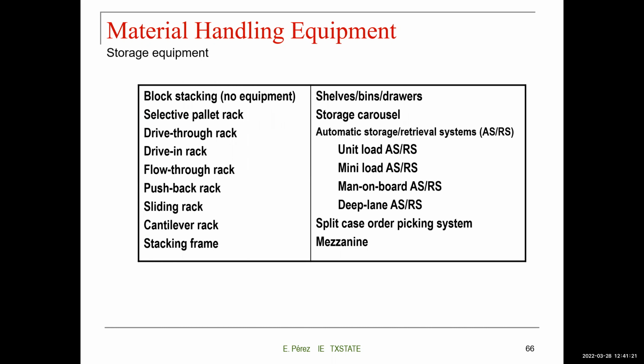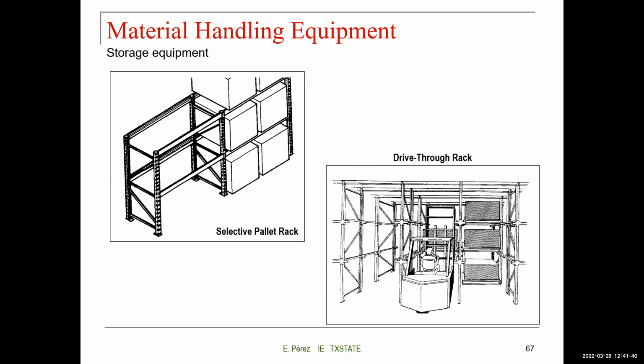Any questions so far? So again, this lecture is more illustrations and discussion in terms of what you can use and the disadvantages of this equipment. So another list here for storage equipment. We're going to go through those now. These are more for warehouse operations.